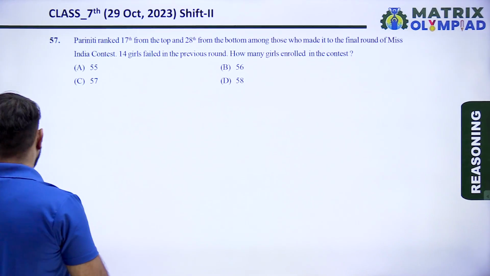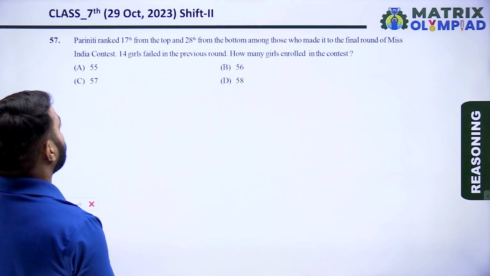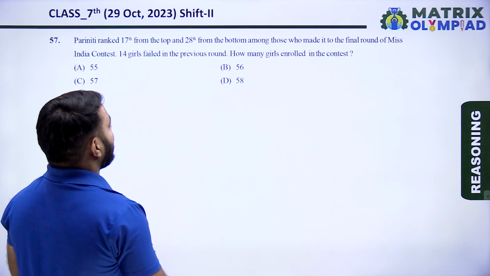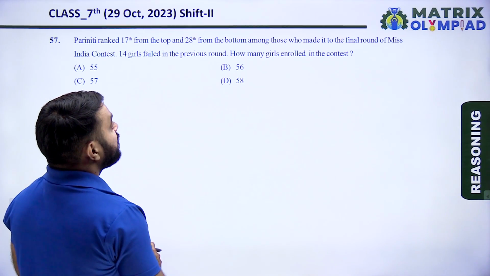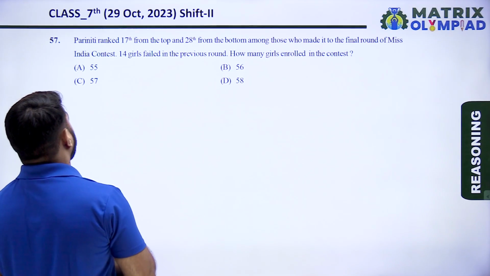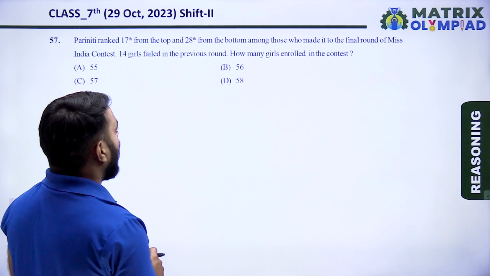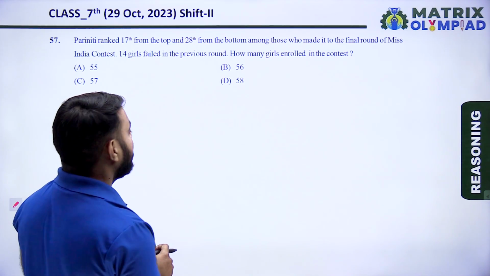So the next question is question number 57. Pariniti ranked 17 from the top and 28 from the bottom among those who made it to the final round of Miss India contest. 14 girls failed in the previous round. How many girls enrolled in the contest?